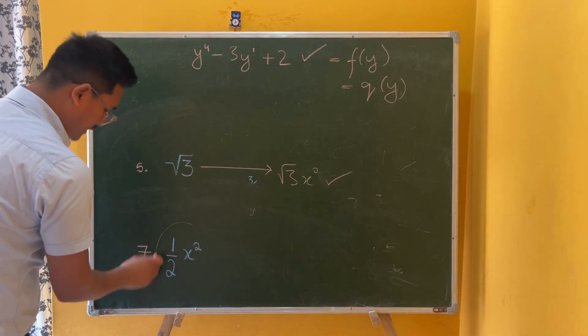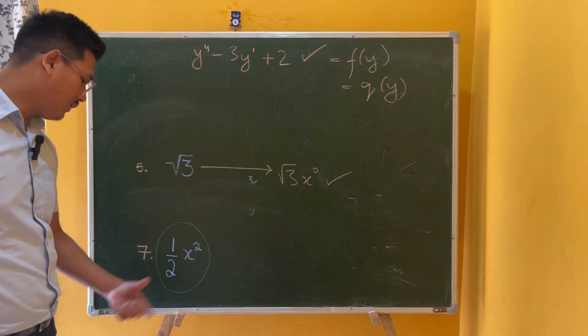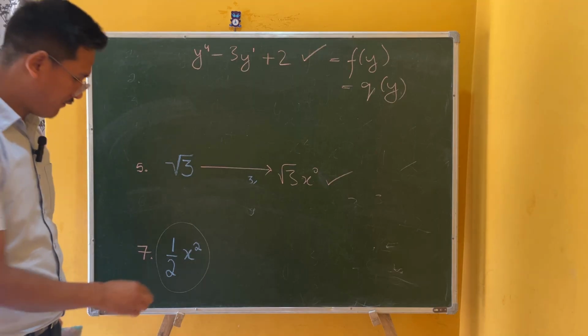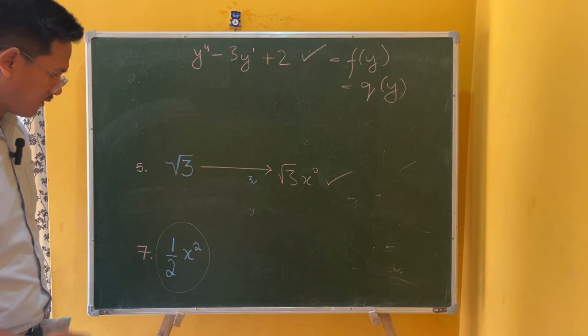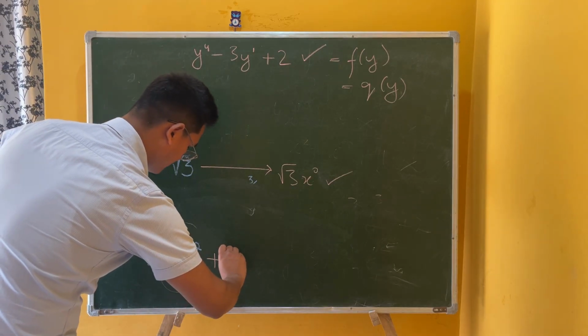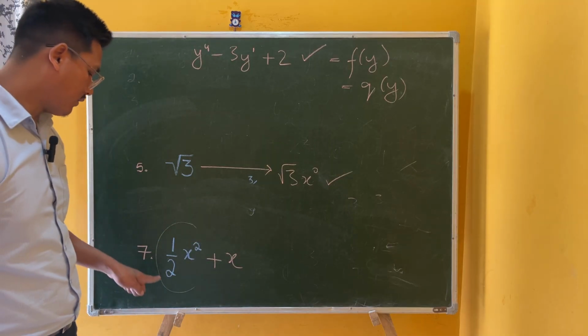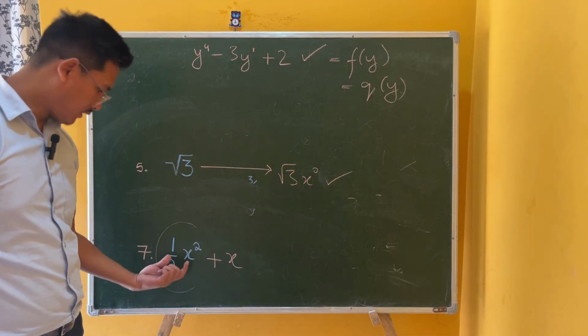In fact, there is a specific name for this polynomial. It is called a monomial because you see only one term. If you have two terms, we call it a binomial. Let's say if I had this x, then this polynomial would be called a binomial. There are two terms.